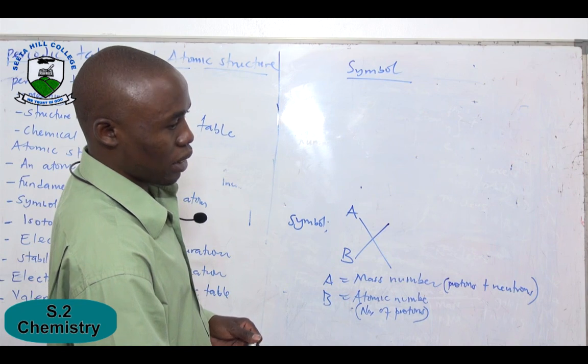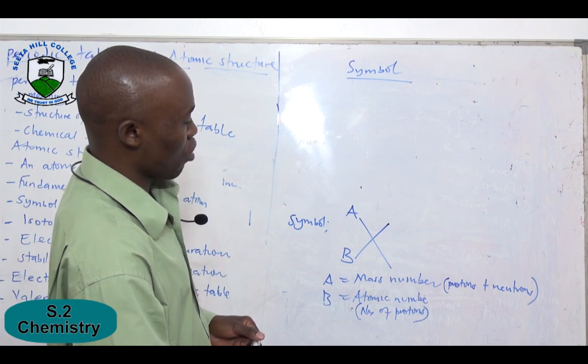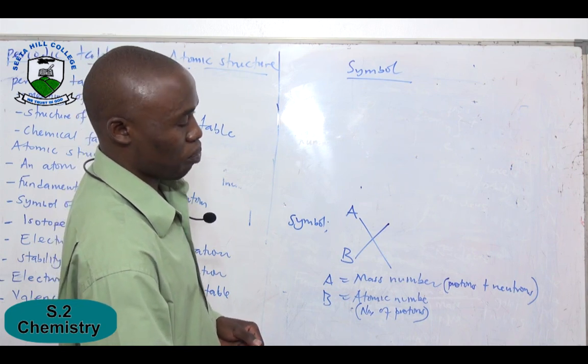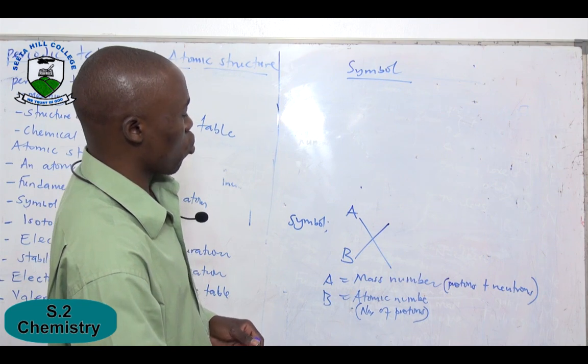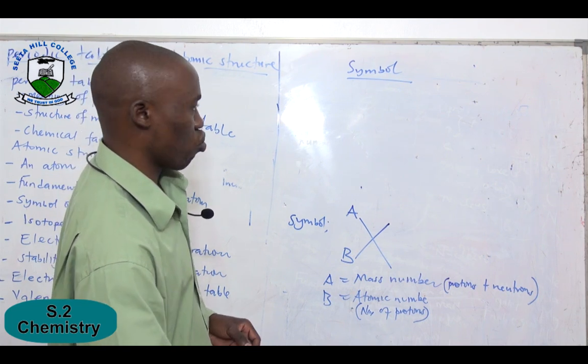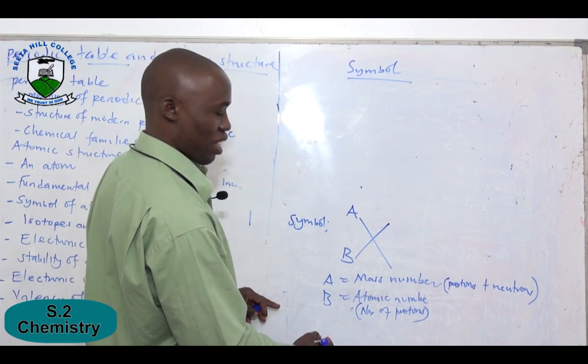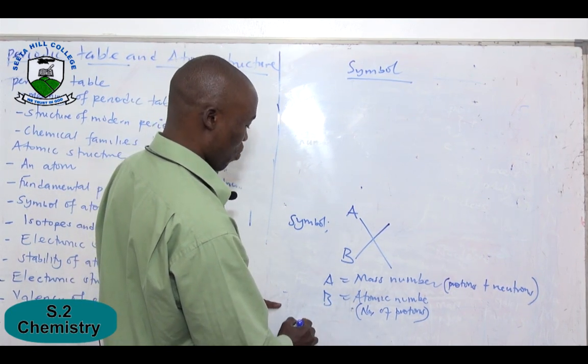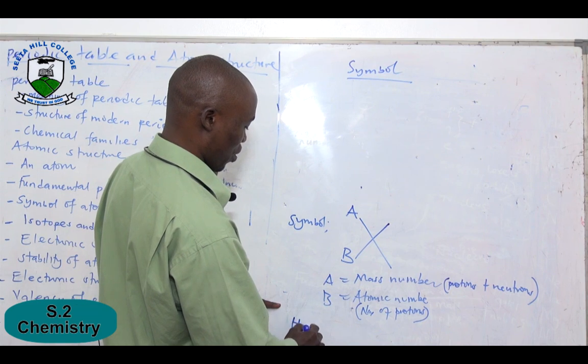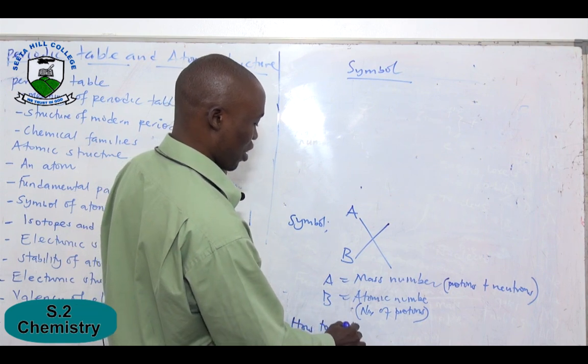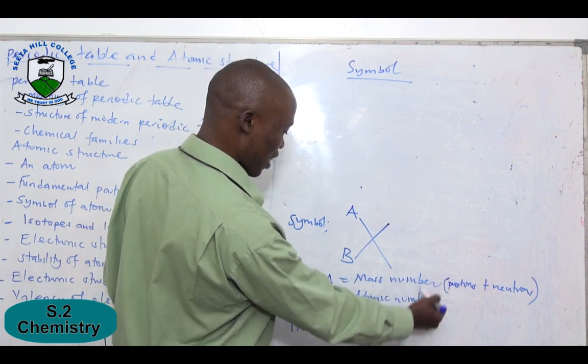Atomic number is the number of protons in the nucleus of an atom. Now, how could we get the number of neutrons from these 3 things?